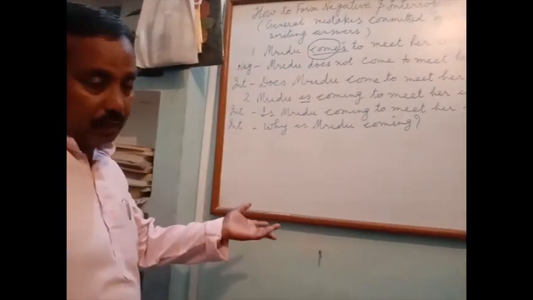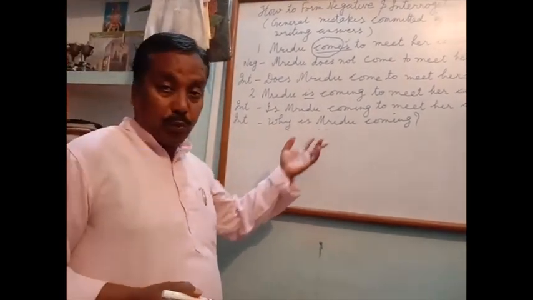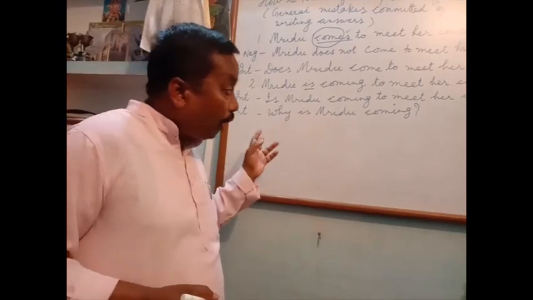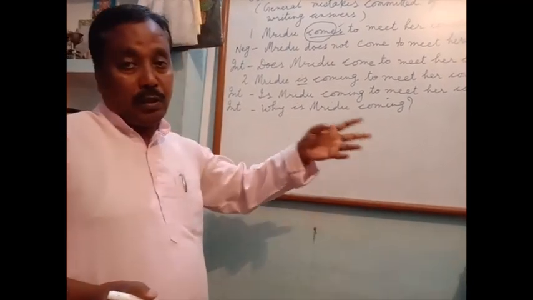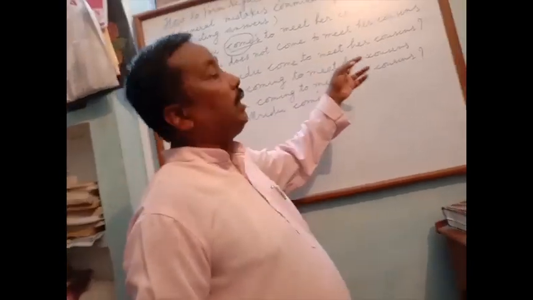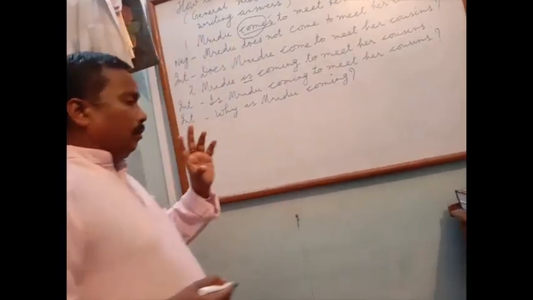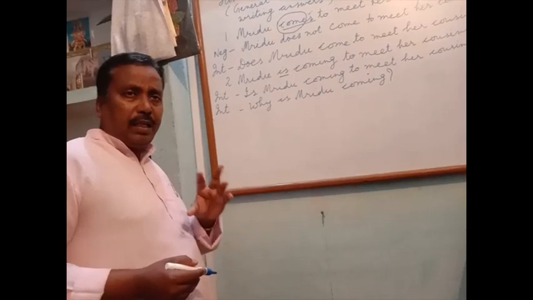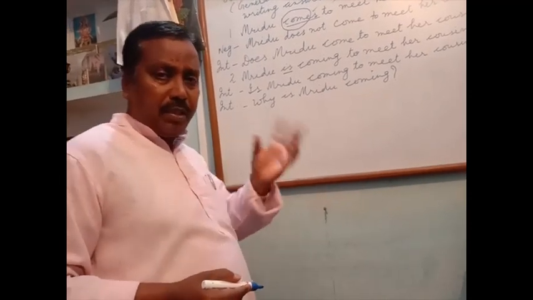What is the purpose of Mridu coming? Now you have to write the answer. You well know that Mridu is coming to meet her cousins. We see that students generally commit a mistake here.